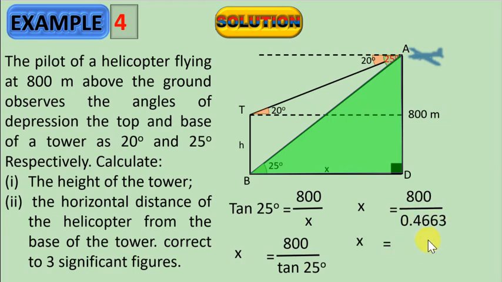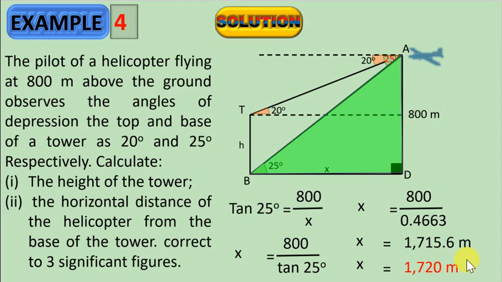So x will give us 1,715.6 meters. We'll write that in this place, 1,715.6 meters. And remember, we're asked to give our answer correct to 3 significant figures. So that will give me 1,720 meters, correct to 3 significant figures.